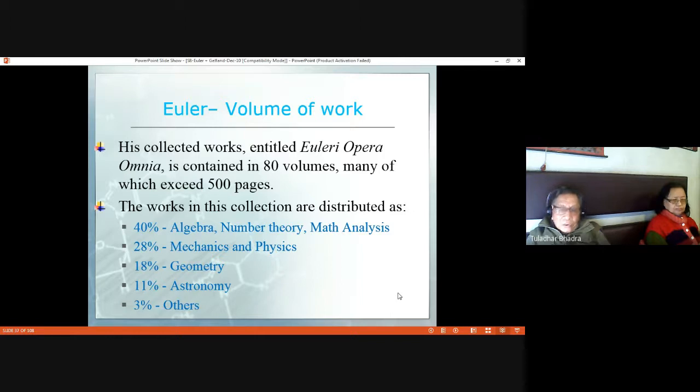So no mathematician can surpass the works done by Euler. That's why I call him an extraordinary mathematician.